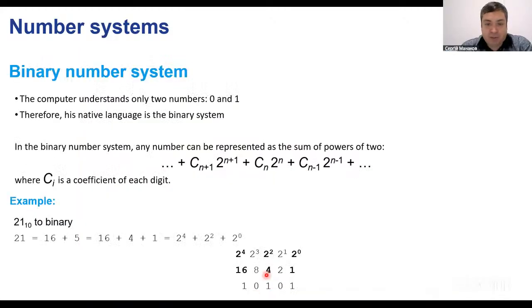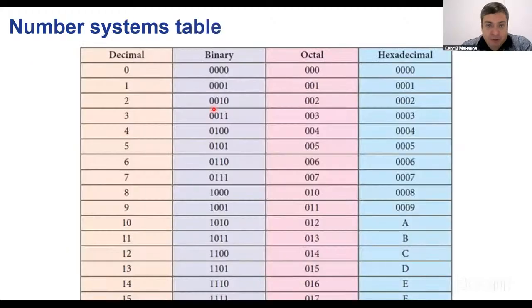It can be seen from here because only 4 powers of 2 from 0 to 3 correspond to 16 different combinations. So 0 is 4 zeros, and 15, the largest number here, is 4 ones.